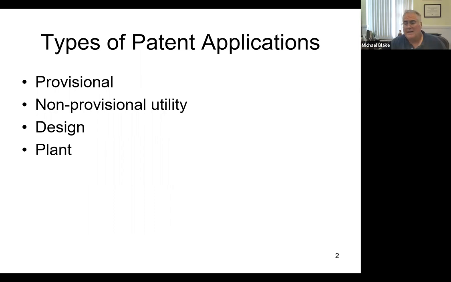A design patent application protects the ornamental design of your invention. So as opposed to a utility application, a design protects the way it looks, basically, not the way it works.